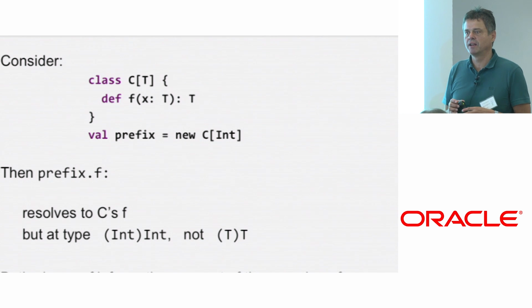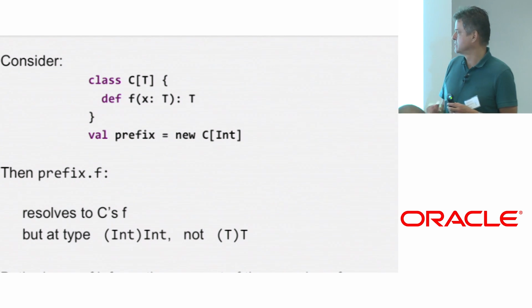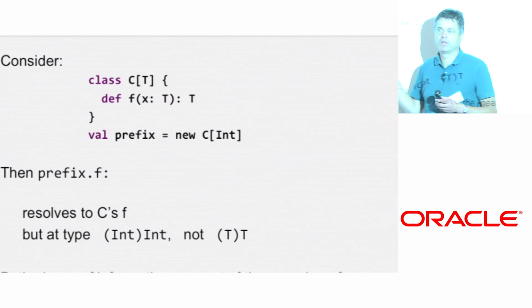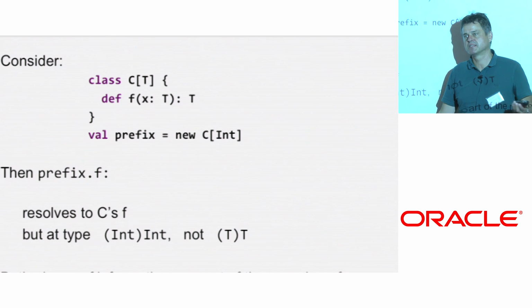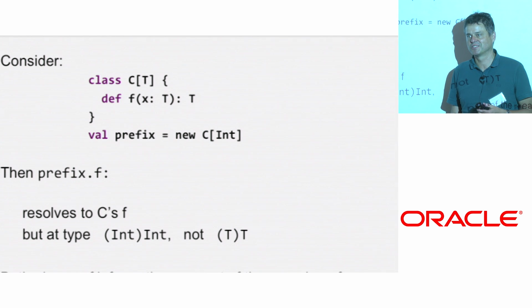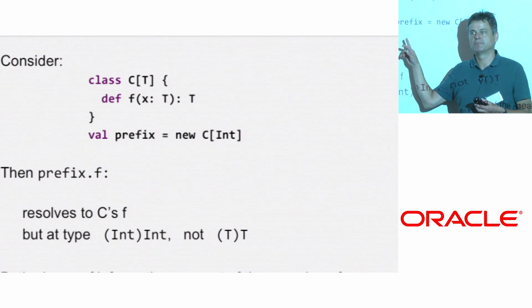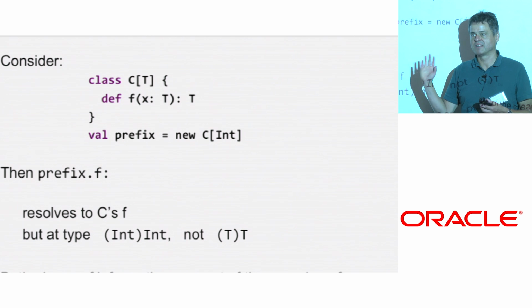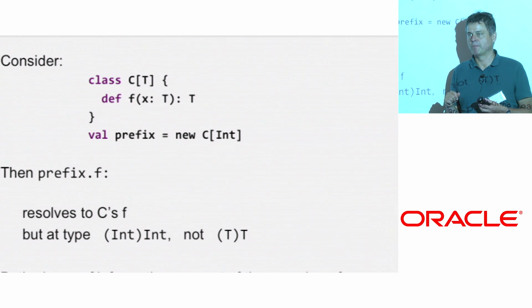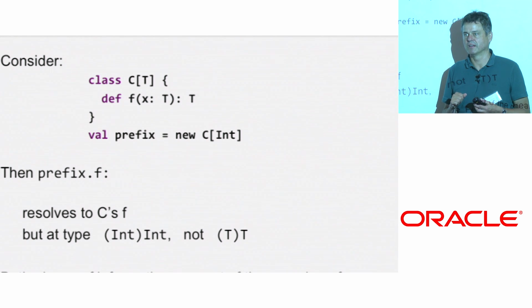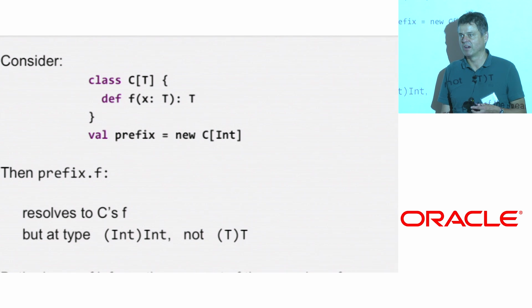Or, for instance, for the denotation of prefix.f, we actually have a bounded-size LRU of size 8. For a given class prefix, we get 8 member denotations, the last eight times we asked for a member on that class. So there it's inherently bounded, because otherwise it would grow very large.